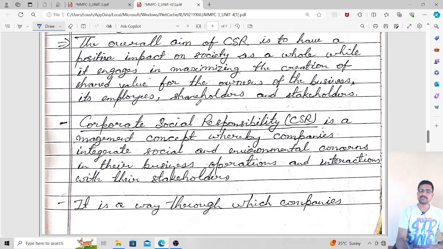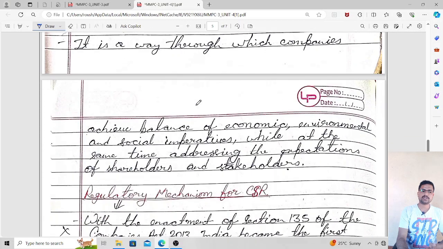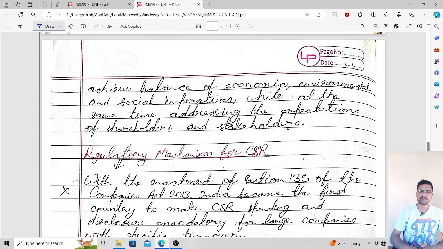It is a way through which companies achieve balance of economic, environmental, and societal imperatives.